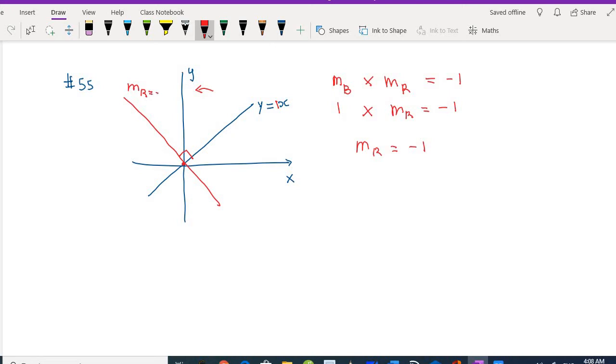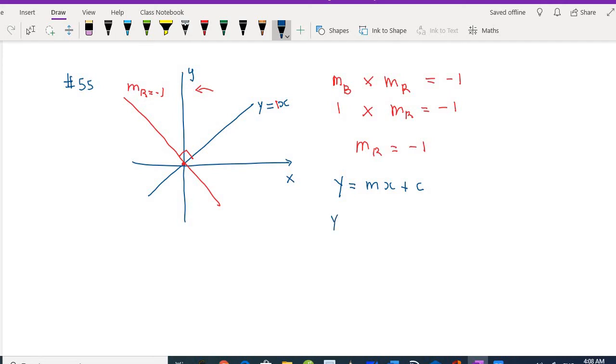So we know that this gradient MR equals -1. What else do we need to find the equation of a line? Well, the equation of a line can be written in the form y equals mx plus c. Now c is the y-intercept where the line cuts the y-axis. Now looking at the red line, it cuts the y-axis at 0.